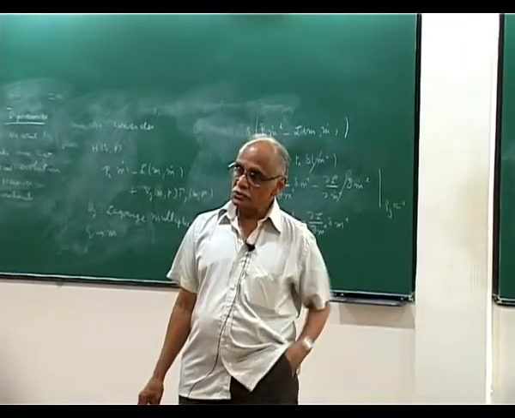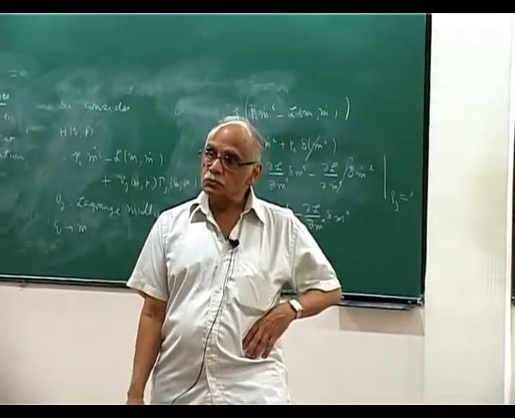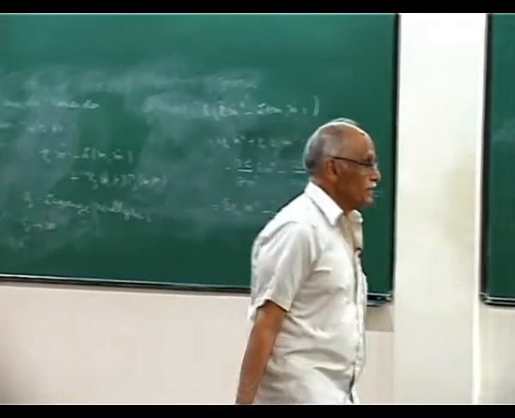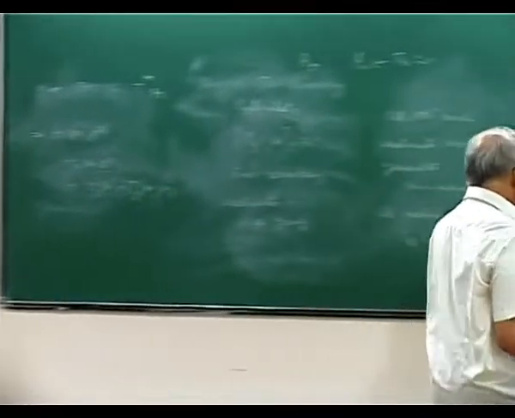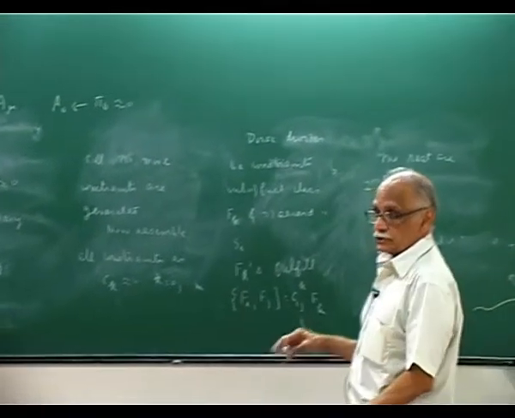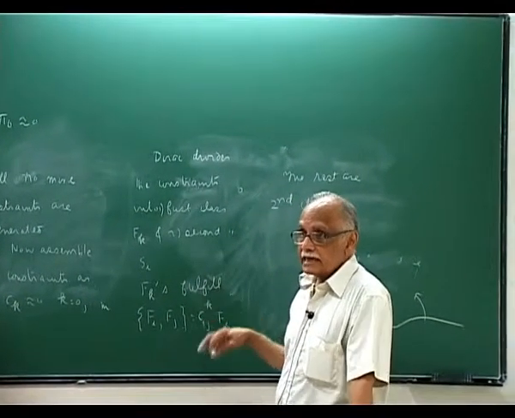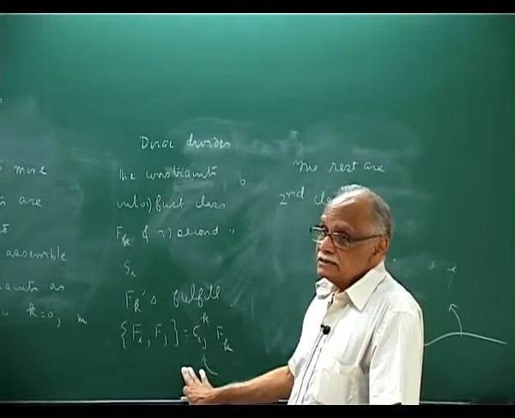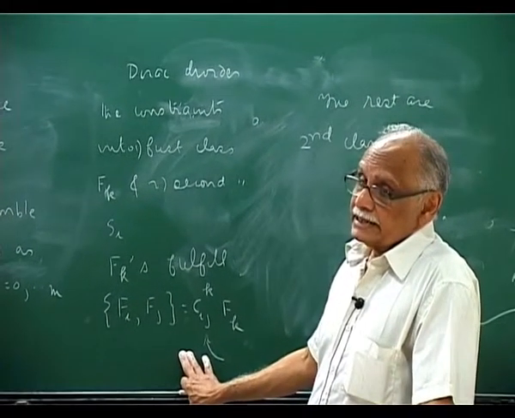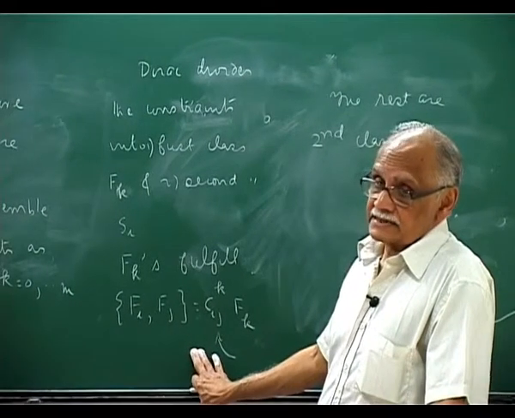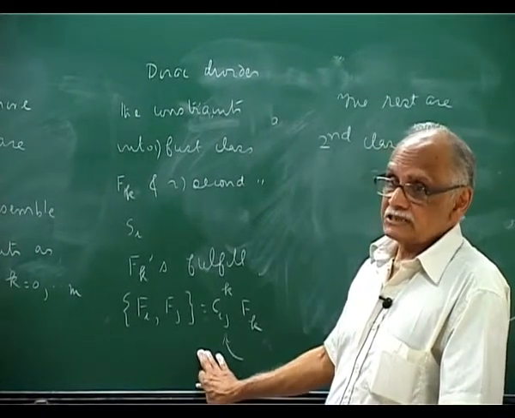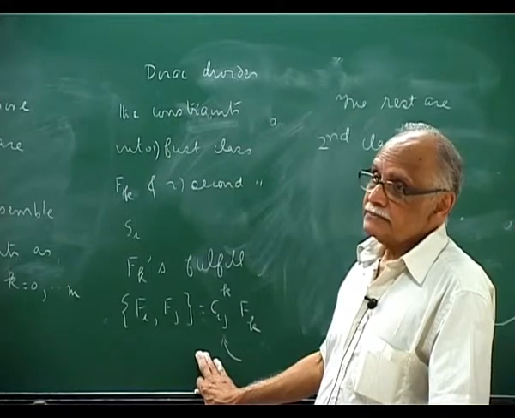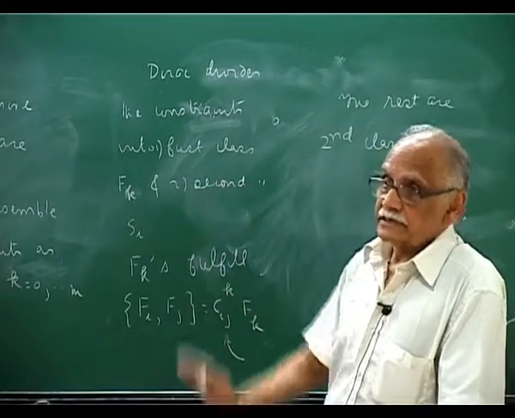What I will try to do, I should soon leave today, but I will analyze next these two, and I will show you that in the Dirac approach, Dirac identifies these F's as a phase space version of gauge transformations in the Lagrangian framework.